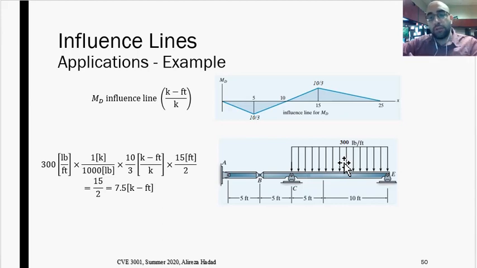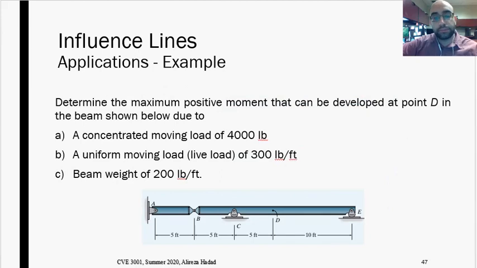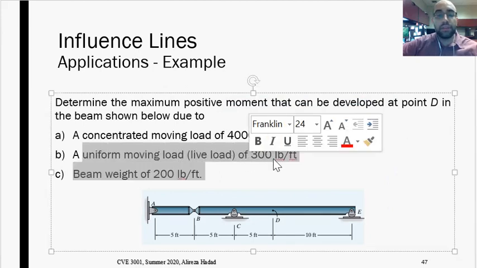It might be at some location at some time, and at another time it might be at another location. That's why we distributed it like this, and we had the ability to distribute it because the question said it is a uniform moving live load of this much.